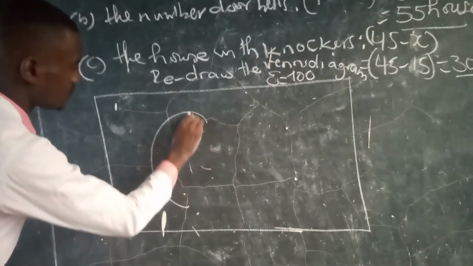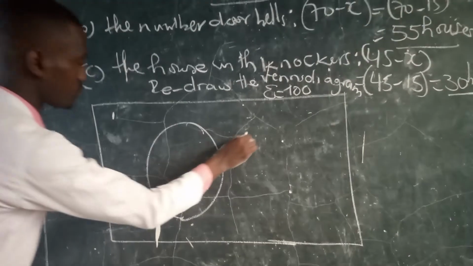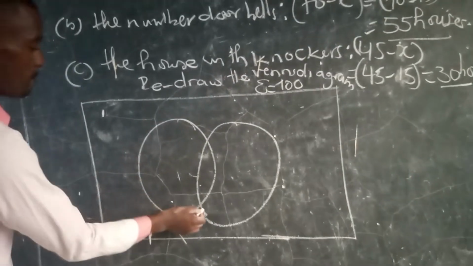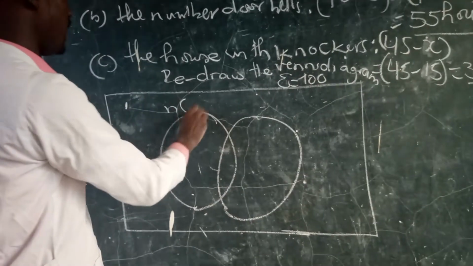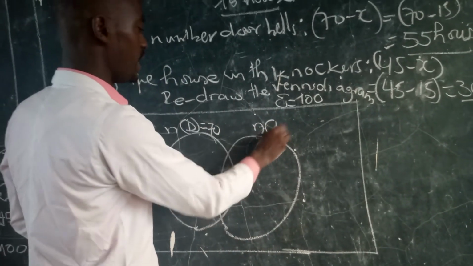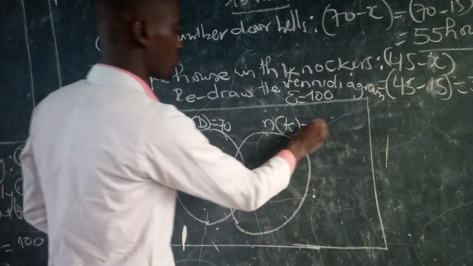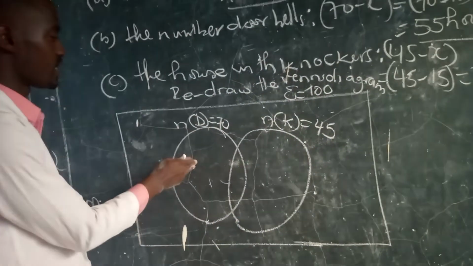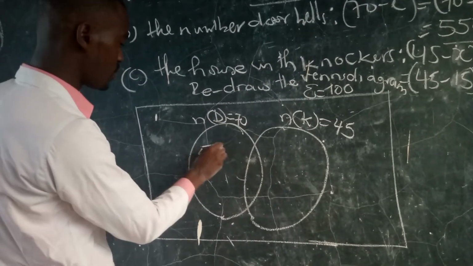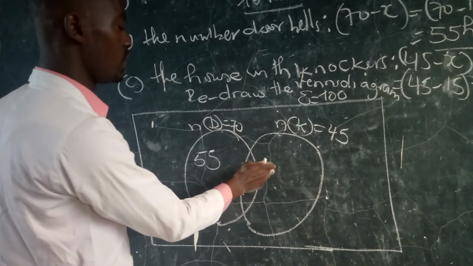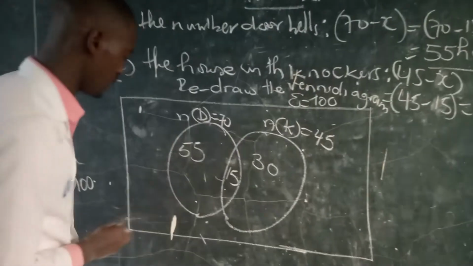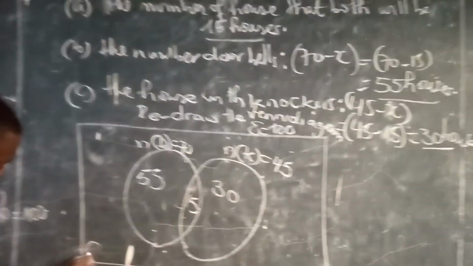We have ND, which is equal to 70. We have NK, which we are verifying, which is equal to 45. This doorbells only, we have seen that it is 55. Here it is 30. Here it is 15. Here it is 0.